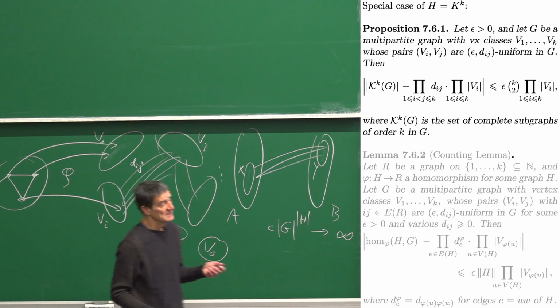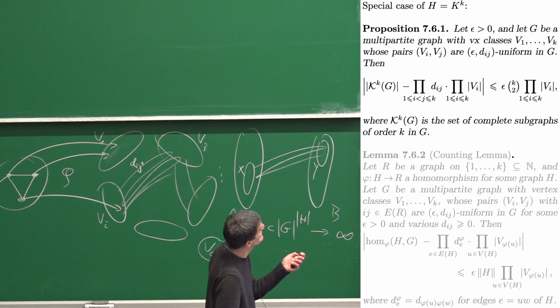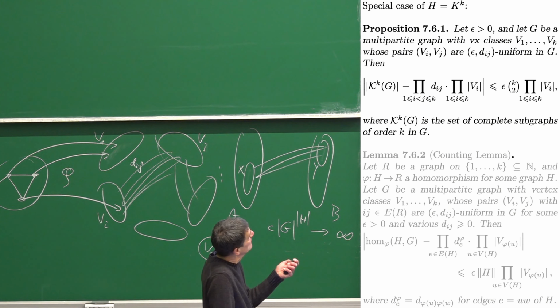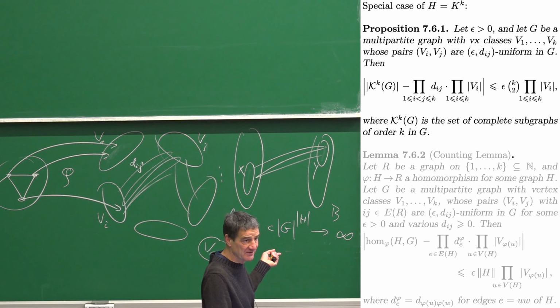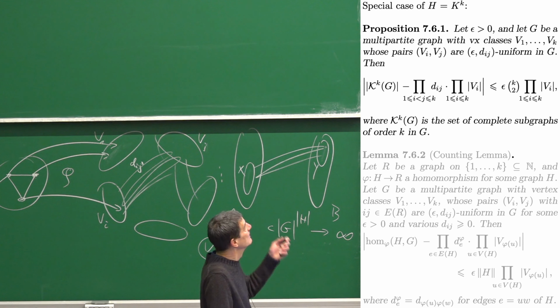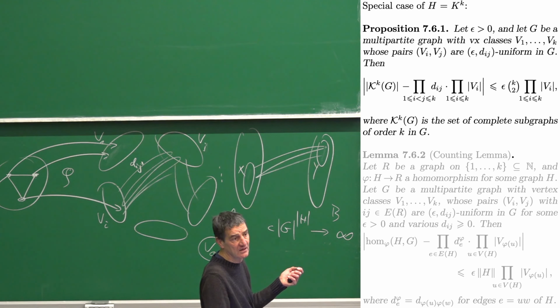I'm just saying that this term that you can see here, the product of the two big products, would be, if we were in a random scenario, the expected number of copies of the K_k in G. Right? The number of ways of choosing the vertices times the probability for every such choice that it is in fact a K_k.